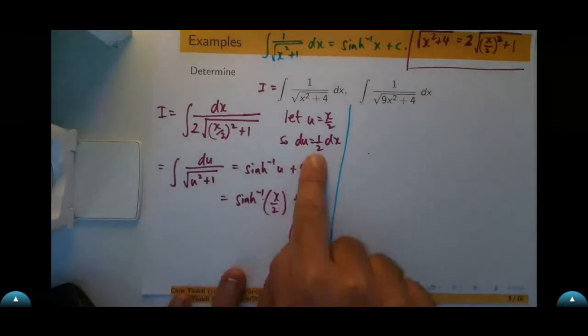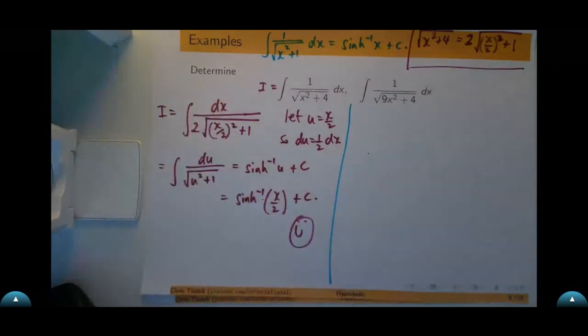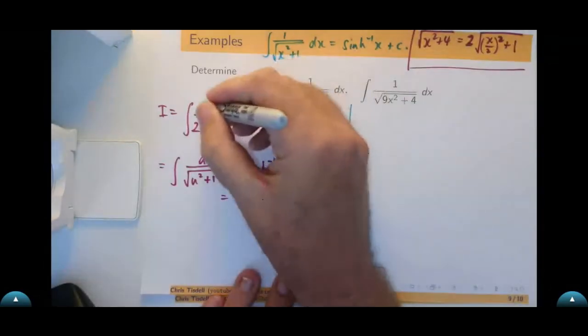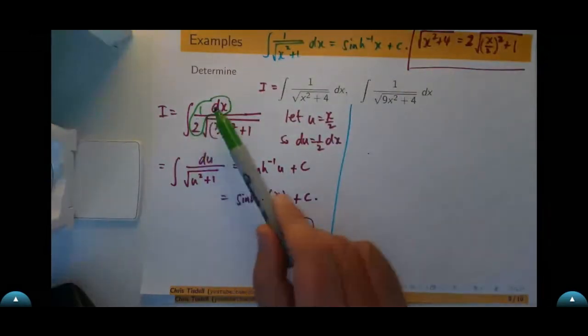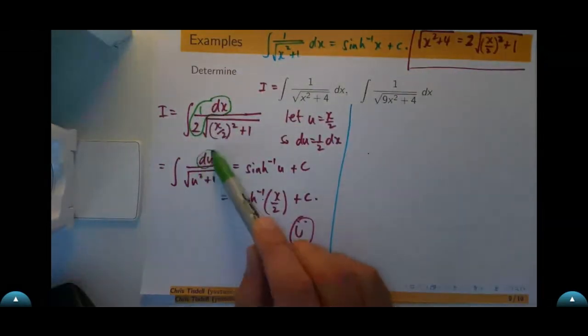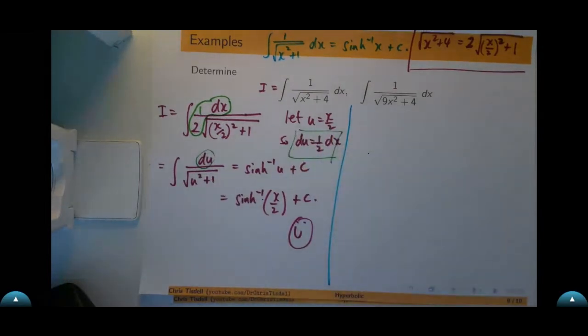So look, du equals 1/2 dx. So there's your half times dx. So that combined just goes to du, right? Have you got it, Dijant? Yeah, that's okay. Sometimes these things are a bit hidden.